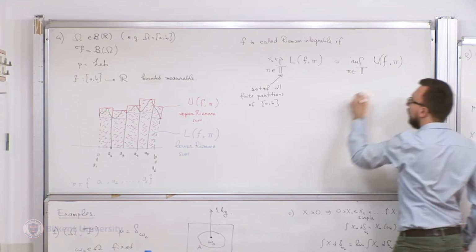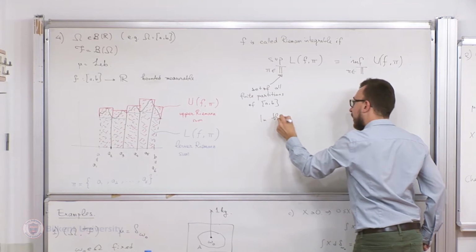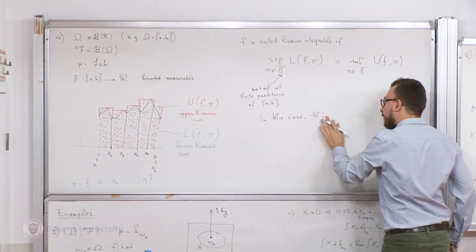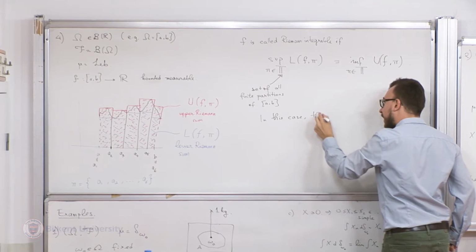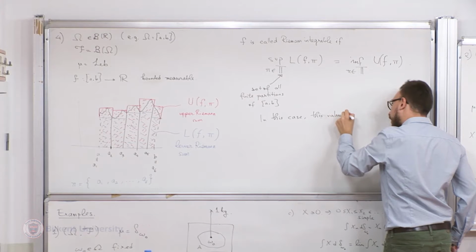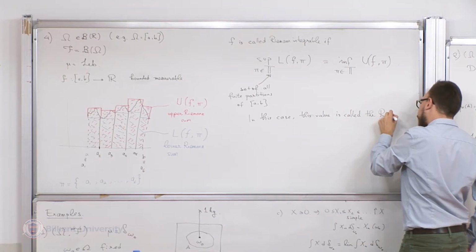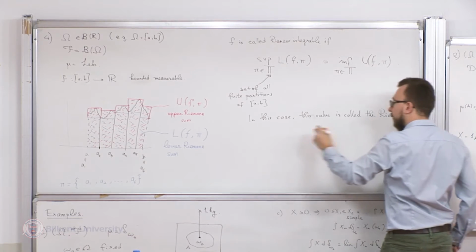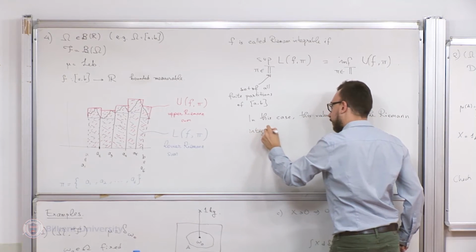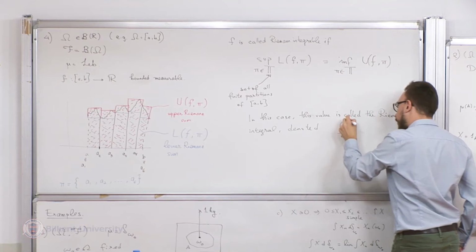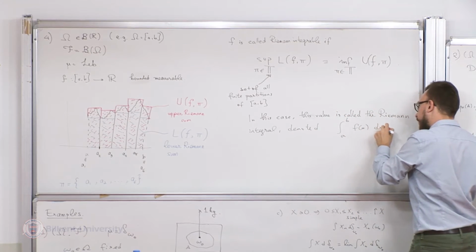And in this case, this value is called the Riemann integral, denoted as a to b f of x dx.